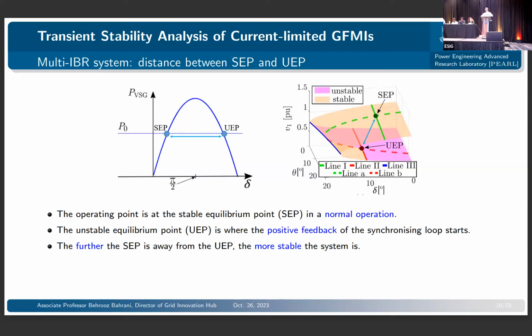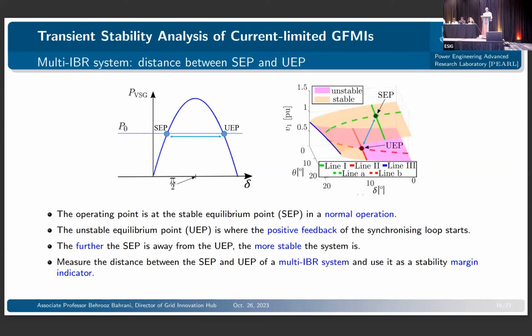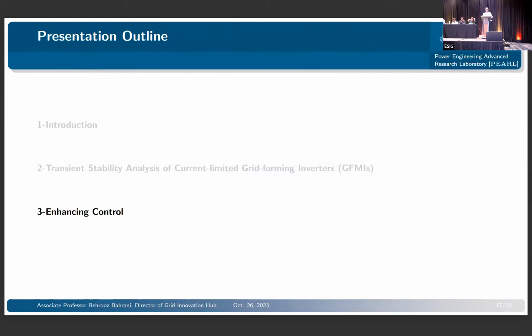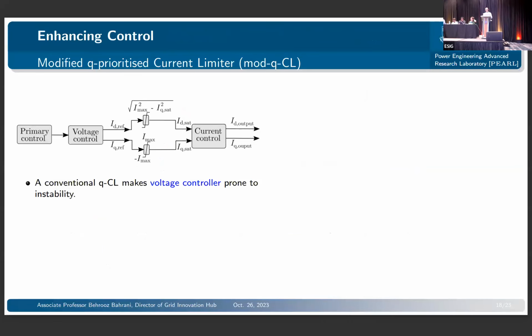Now, if I add a grid forming inverter in another place, the margin might be larger. So they can use it and plan the system that way. We are trying to finalize that very soon. Hopefully, it will be a publicly available tool, and we can make it available.